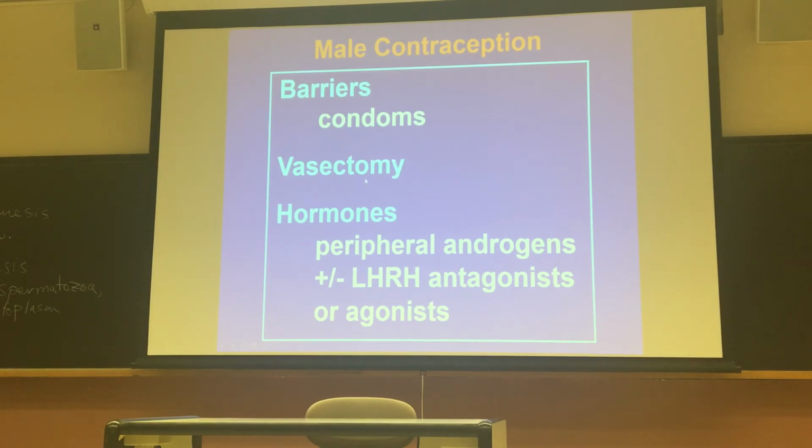Vasectomy, you cut the vas deferens, and although that's a surgical procedure that may be reversed, it takes a good surgeon to do that, and the dollars to support him.